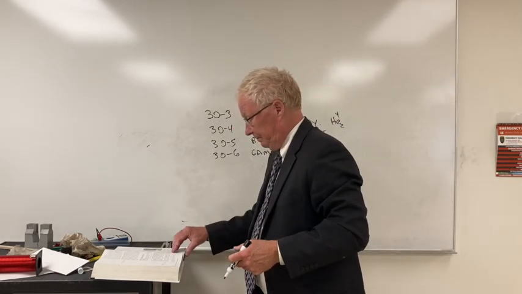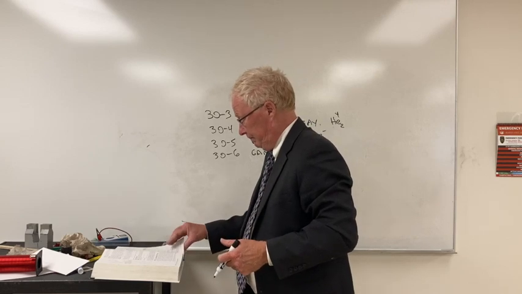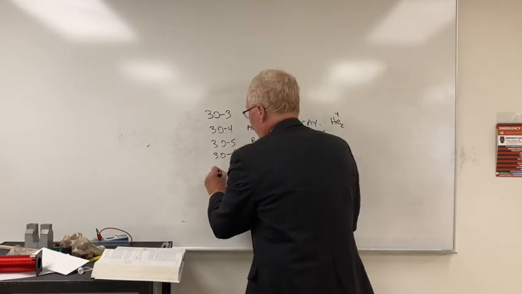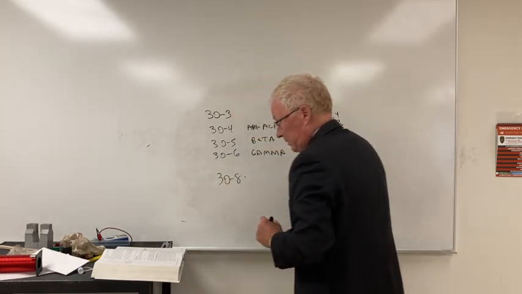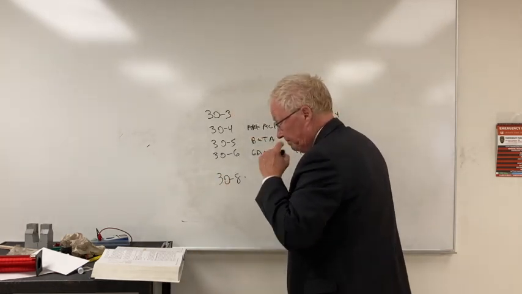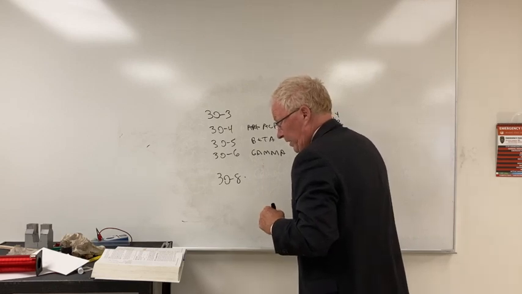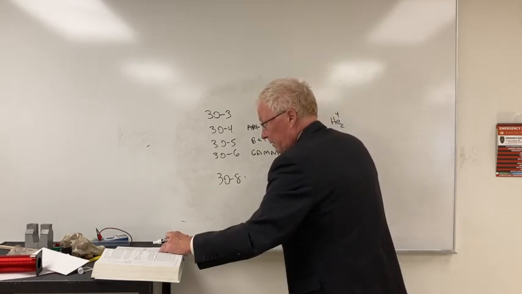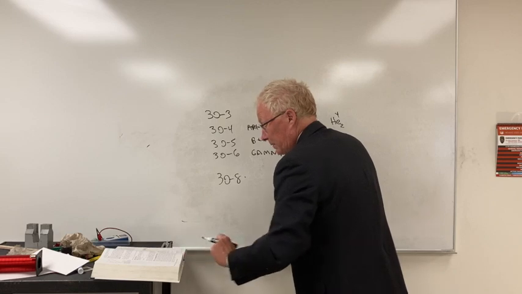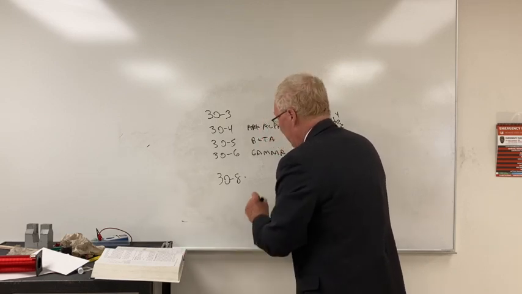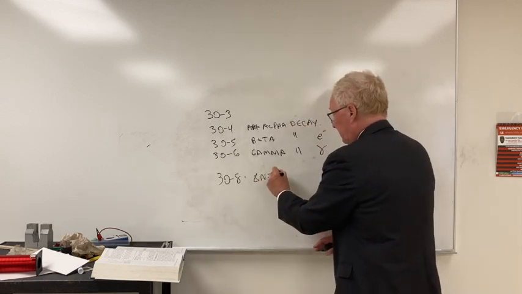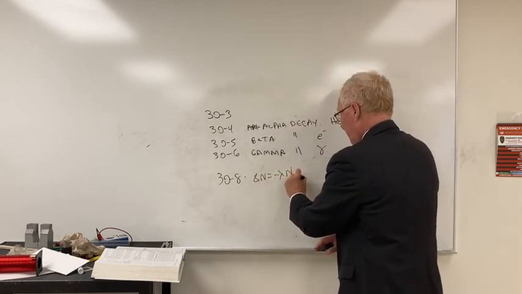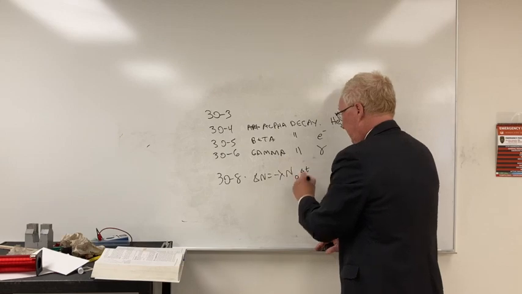And then 30.8 is dealing with radioactive decay. The change of N is some decay constant times what we start with times the change in time.